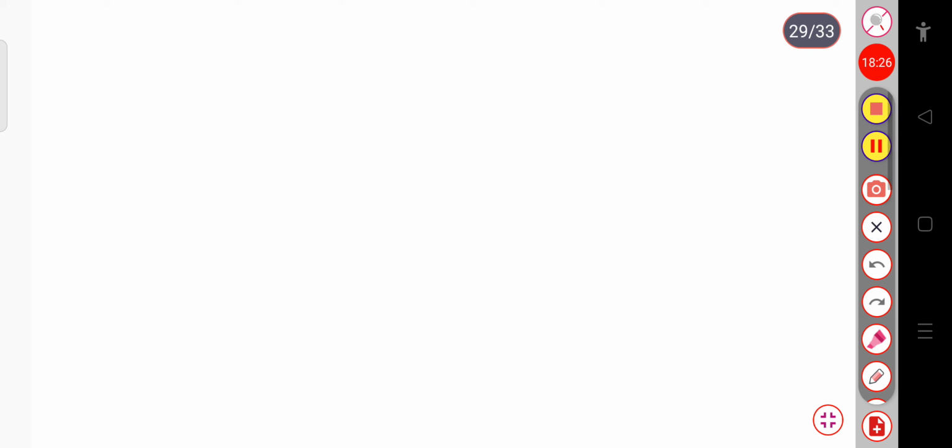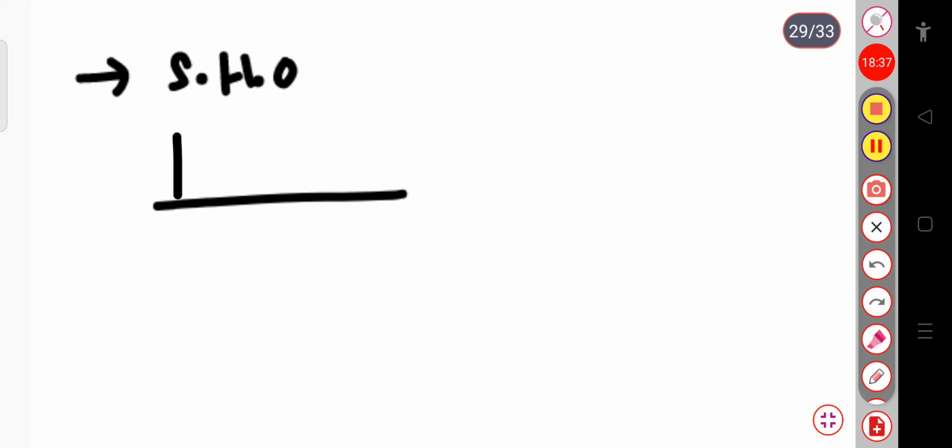Now suppose this is the last example. Consider a simple harmonic oscillator. It means that suppose a mass M is attached with a spring, and this bar is fixed.